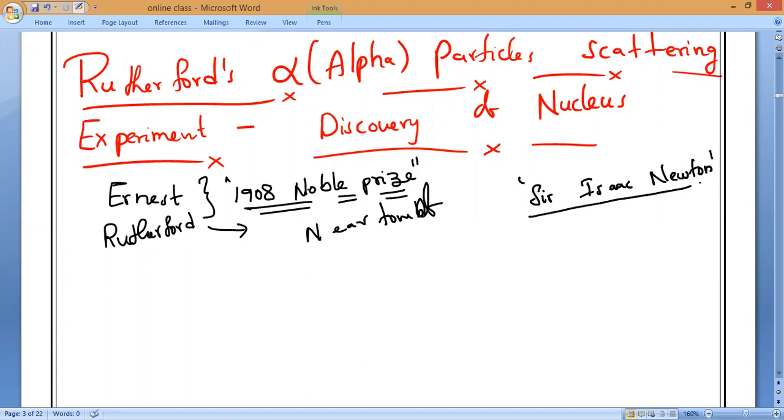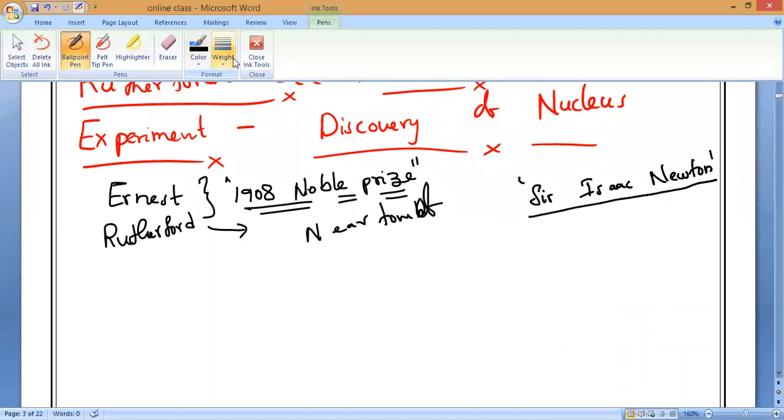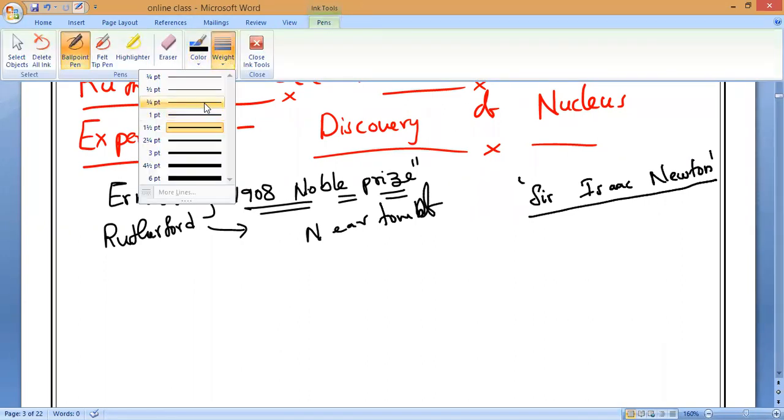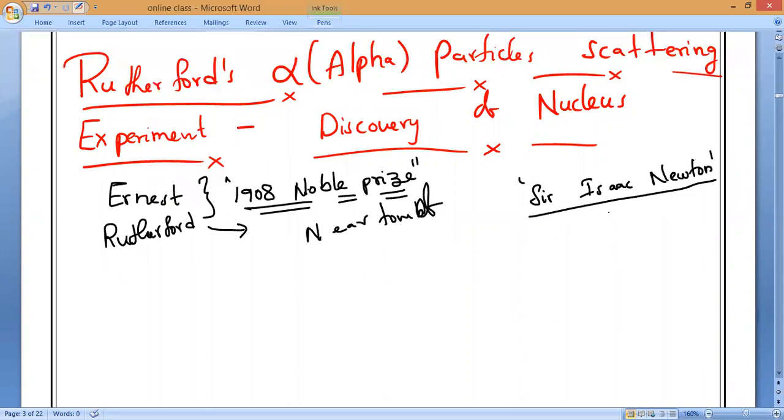Newton. Because of the discovery of the nucleus, it helped so many aspects of physics. That is the reason that even in death he was recognized, buried near the tomb of Sir Isaac Newton.